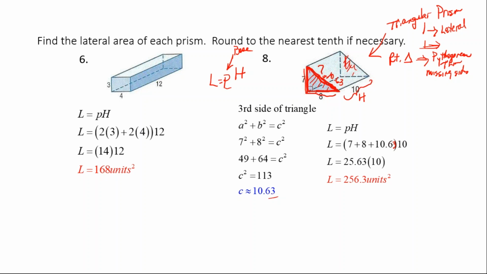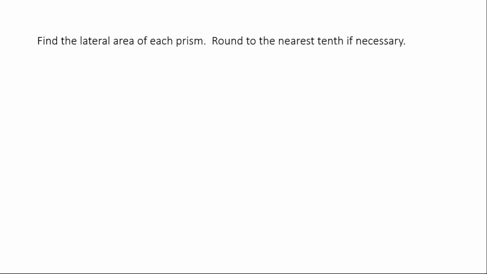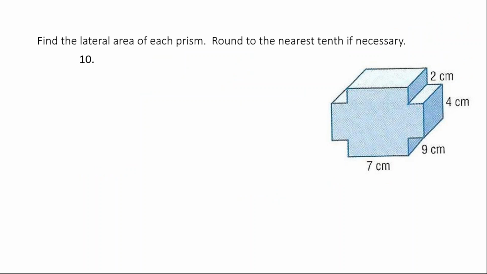Okay, number 10, the fun one. I think this one is fun, but it's not your typical picture that we've shown of a prism. It's a dodecagon, a 12-sided prism.